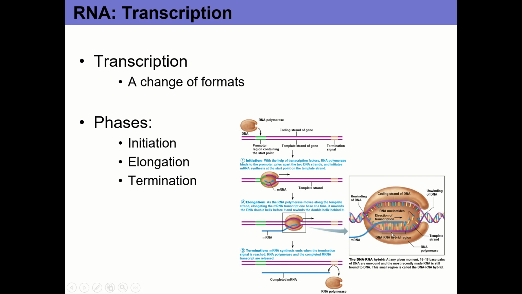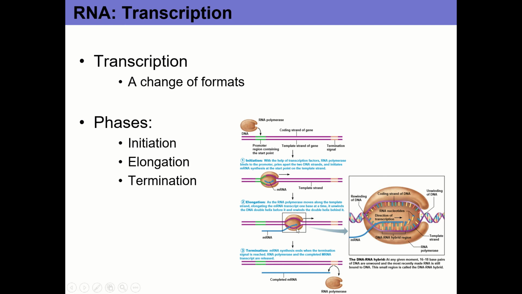One of the things to understand is that the mRNA here is going to be an exact copy of the coding strand, and it's going to be a set of complementary nucleotides to the template strand. So mRNA is an exact copy of the coding strand, with the small caveat that the T's become U's. And mRNA is the complementary nucleotides to the template strand.